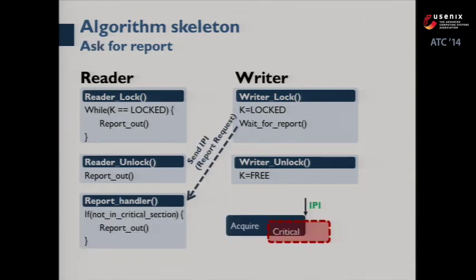That is why we need to ask them for a report. If the writer finds that a reader has not reported, it will send an IPI to that reader, and the handler is executed in the reader context. If it finds that it is not in the critical section, it will report to the writer as it does when it acquires the lock.